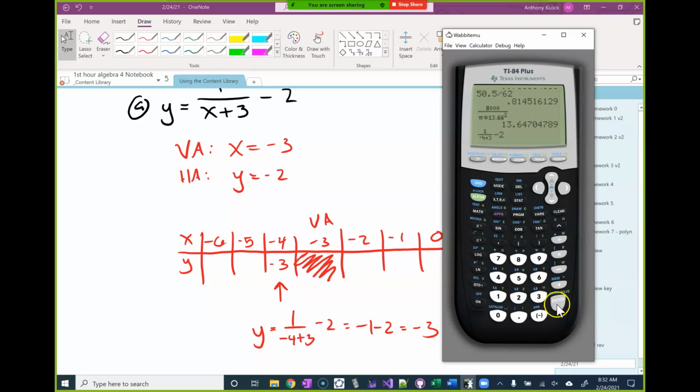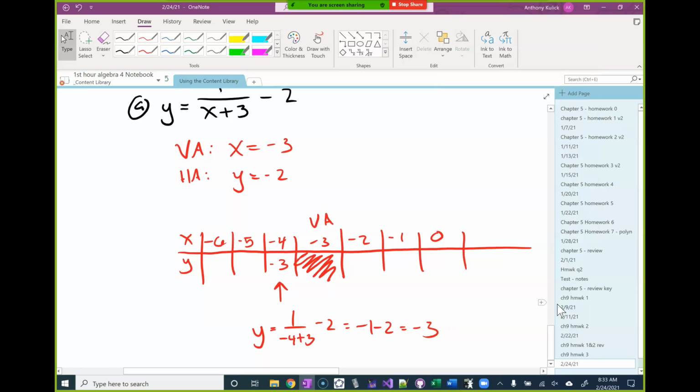So I'm going to go ahead and finish these last ones out real quick. So that's going to be -2.5, -2.3 repeating. That one's going to be -1.5. And then that one's going to be -1.3 repeating.